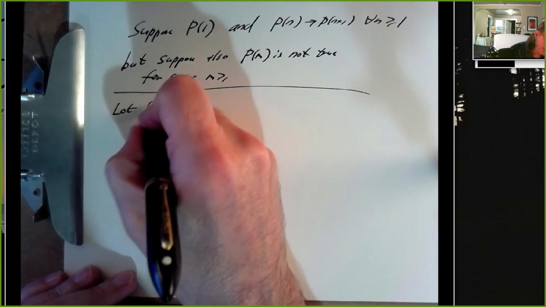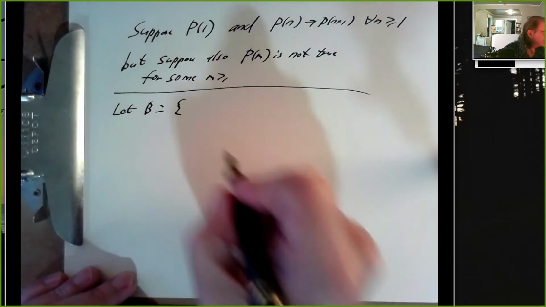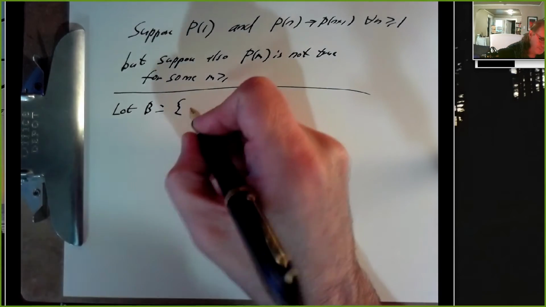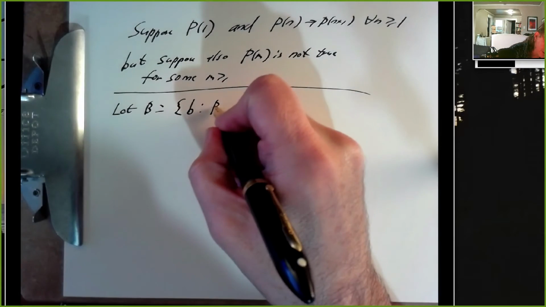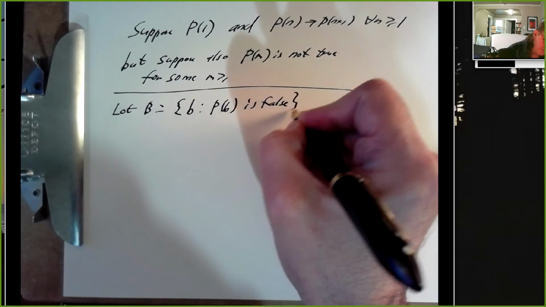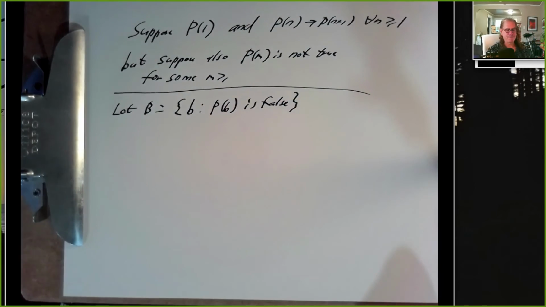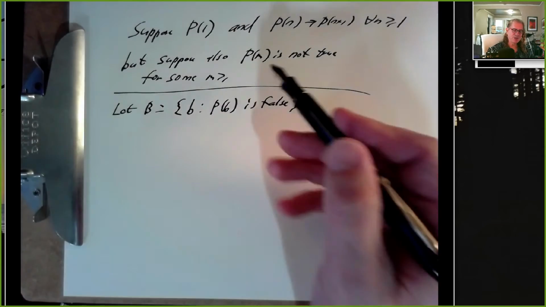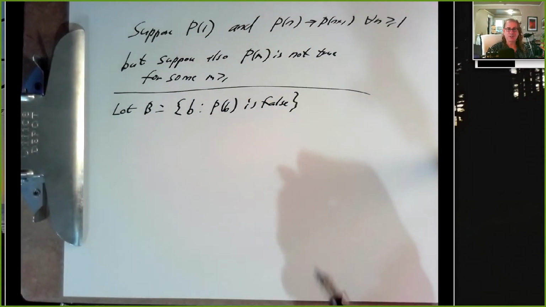So let B equal the set of all integers b, little b, such that P of b is false. All right, so we're supposing we've got a base case, we've got an inductive step, but there's at least one integer for which P fails to be true.